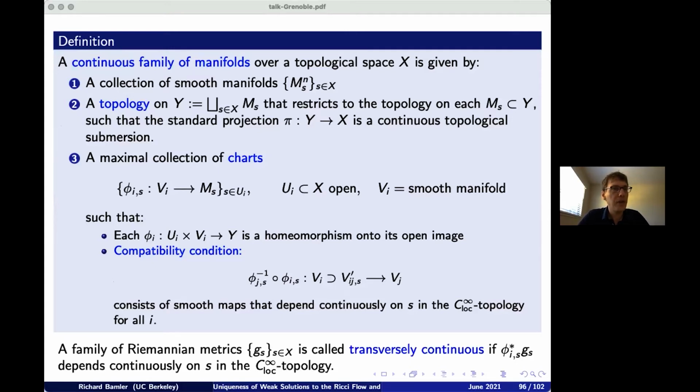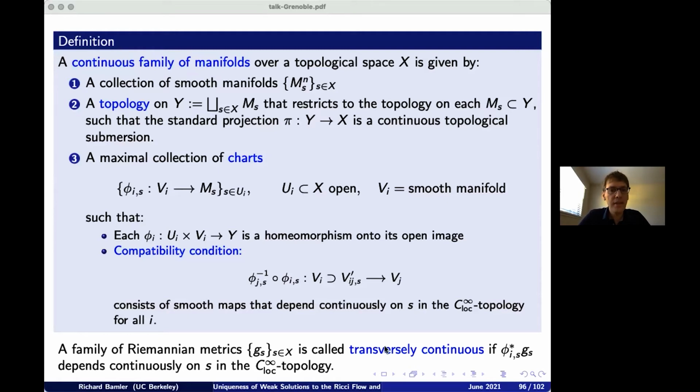And so how do I define a continuous family of Riemannian manifolds? I could just fix a family of Riemannian metrics on each of the M_S, and then I just need to require that these Riemannian metrics are transversely continuous. That means, in a certain sense, that if I vary S, then the Riemannian metrics should vary continuously in the C infinity topology.